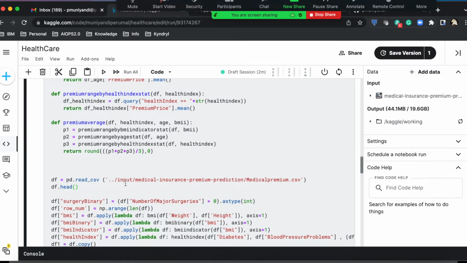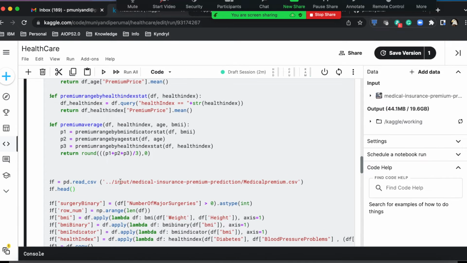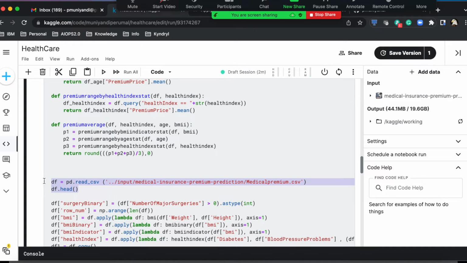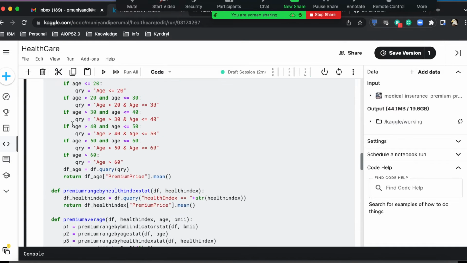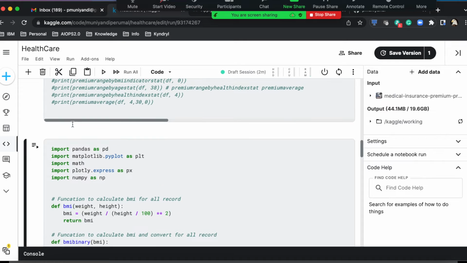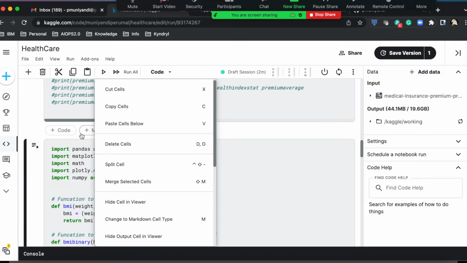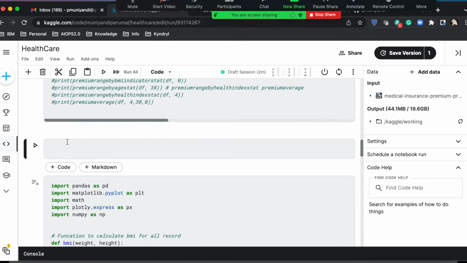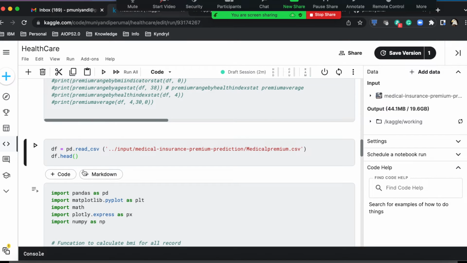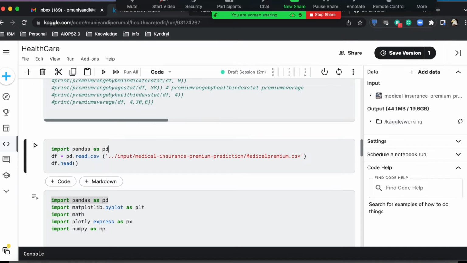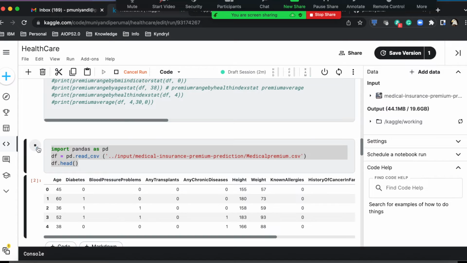I thought of running only a piece of the code. If you want to run a piece of the code, what I need to do is introduce a new cell. I'm introducing a new code cell, and then I copy this Pandas code. So these are 3 lines of code. I'm going to run this cell so that only these 3 lines get executed.